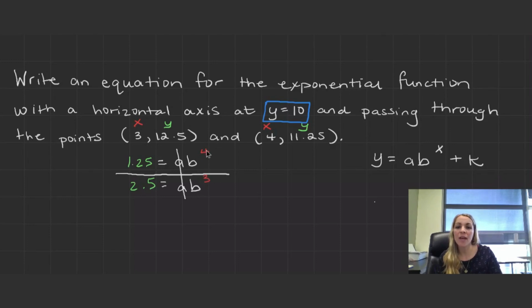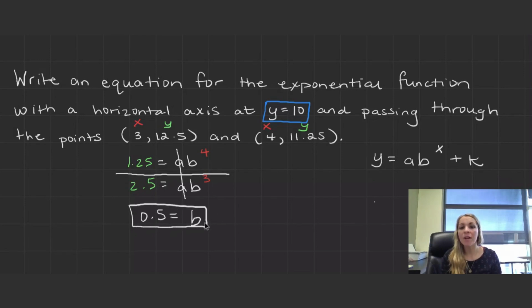And if I had the 3 on top, I'd have 3 minus 4, and that's b to the negative 1. And I don't like to work with negative exponents. I don't know about you. But this way, it helps me deal with b to the first power, or just b. 1.25 divided by 2.5 is 0.5. So I've solved for the b parameter.